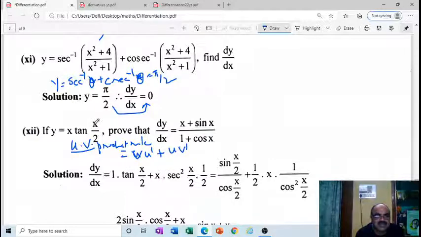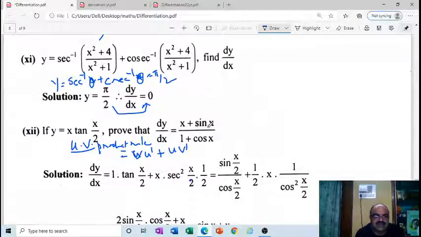What is v? Tan x by 2, into u dash, x differentiation is 1, so 1 into tan x by 2, plus x into v dash. Tan of x by 2 differentiation is secant square x by 2 into 1 by 2.